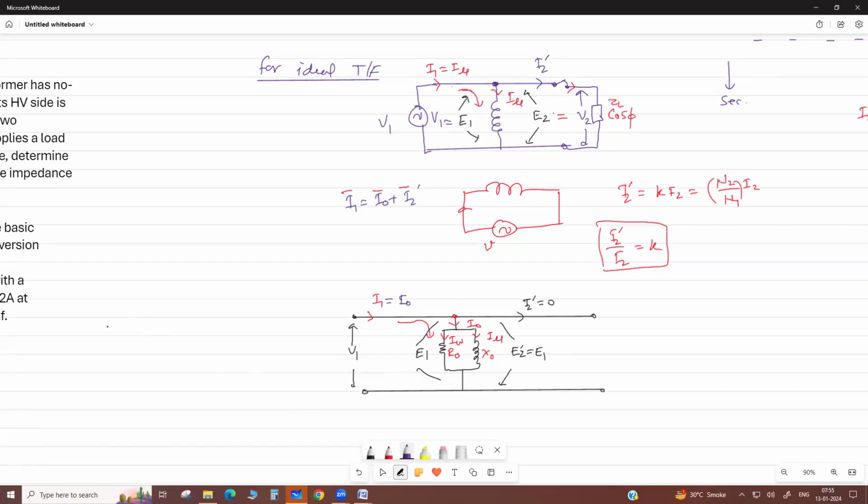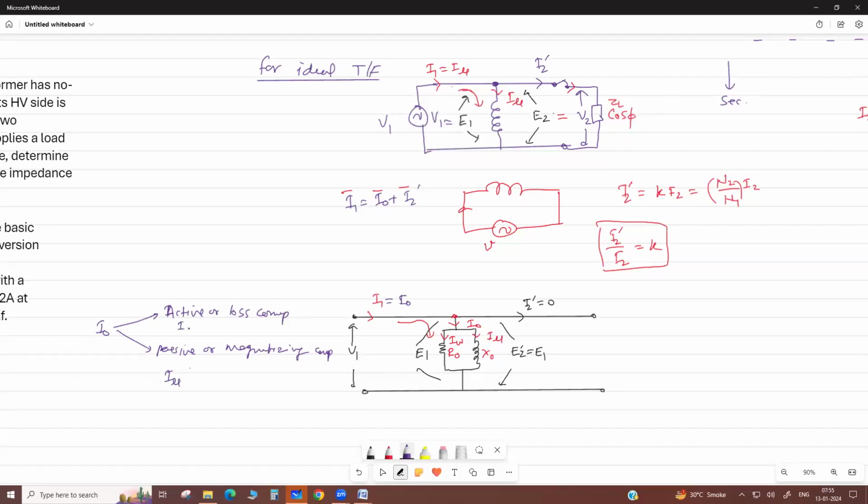Now I naught has two components: the active or loss component, and the passive or magnetizing component, denoted by I mu.